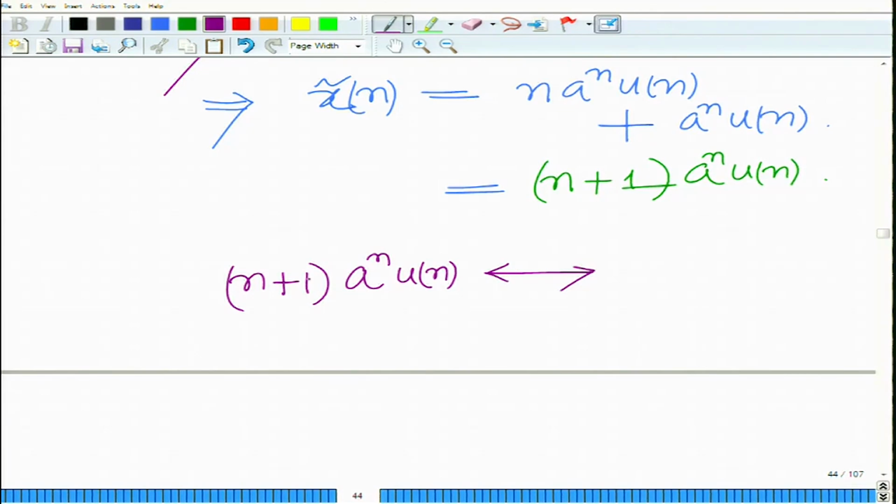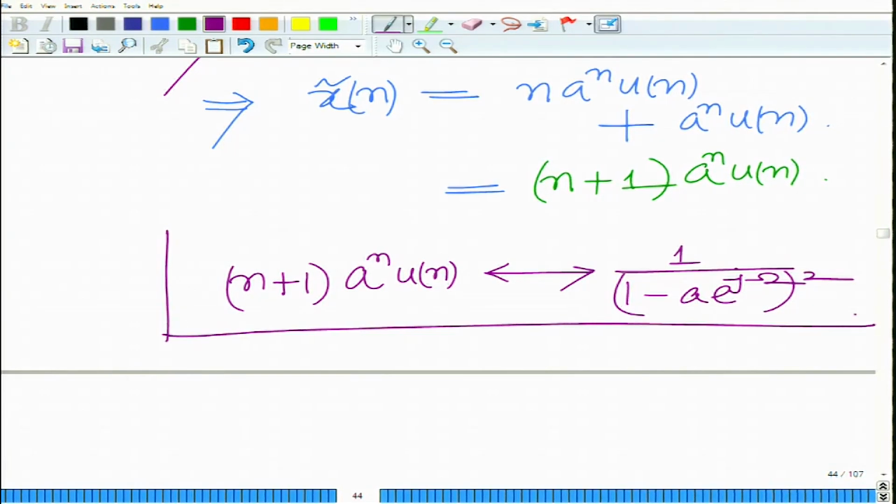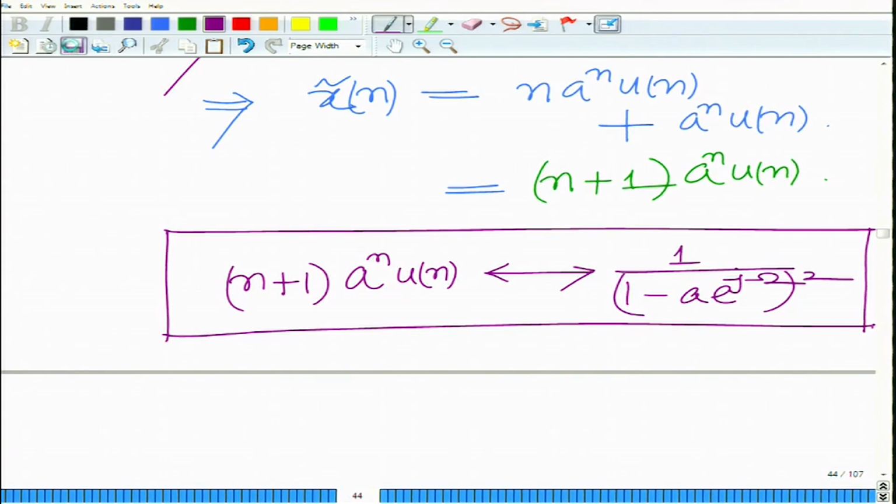Or you can say (n plus 1) a^n u[n] has the discrete time Fourier transform 1 over 1 minus a e^(-j omega) whole square, where magnitude of a is less than 1.